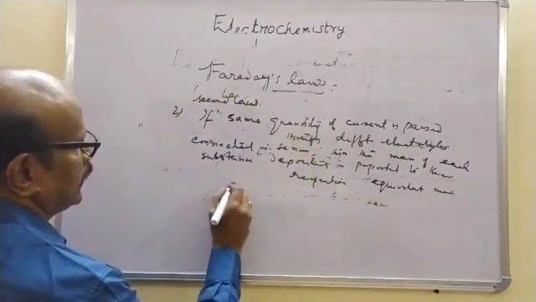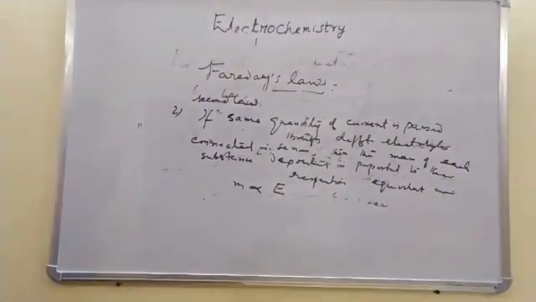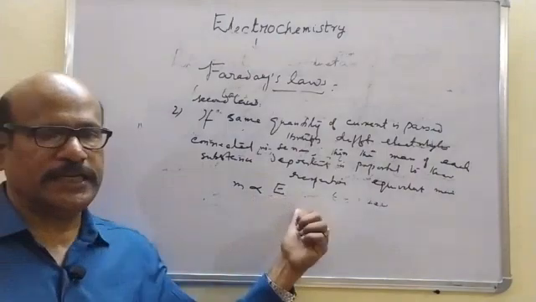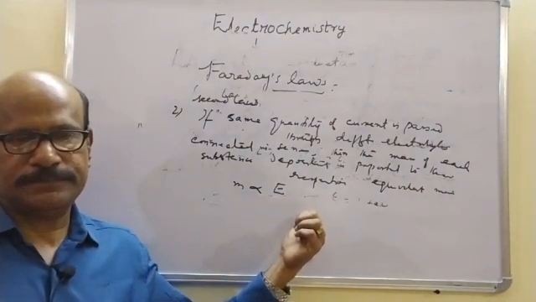That is, M is proportional to E, where M is the mass of the substance deposited and E is the equivalent weight of the material.